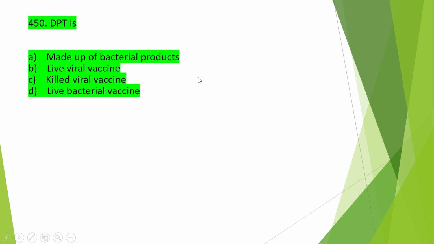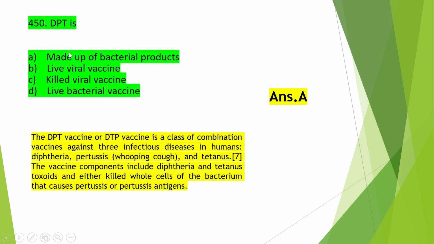Okay. So the last question is: DPT is made up of bacterial products, or live viral vaccine, or killed viral vaccine, or live bacterial vaccine? The right one is option A, that is made up of bacterial products. So DPT vaccine or DTP vaccine is a class of combined vaccines against three infectious diseases in humans, that is diphtheria, pertussis, that is whooping cough, and tetanus.